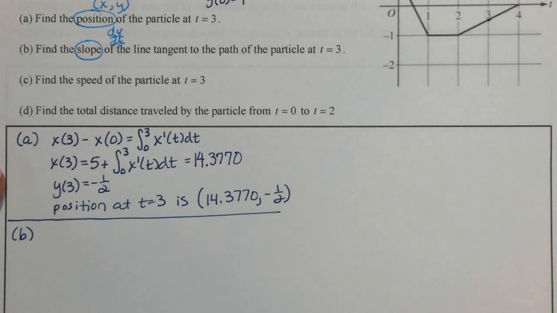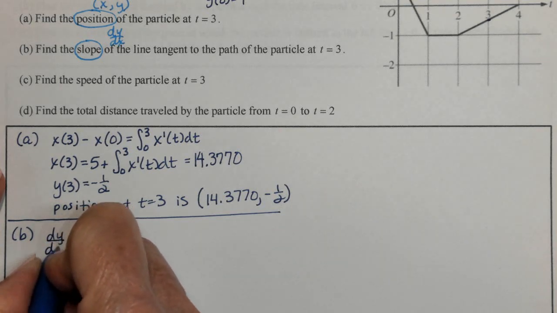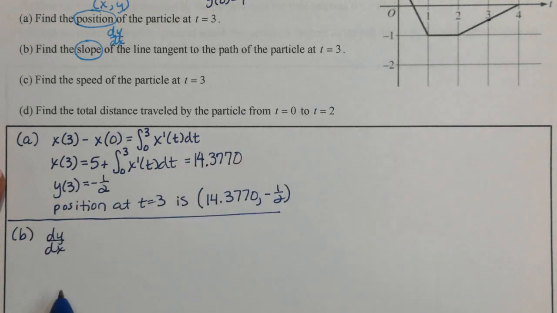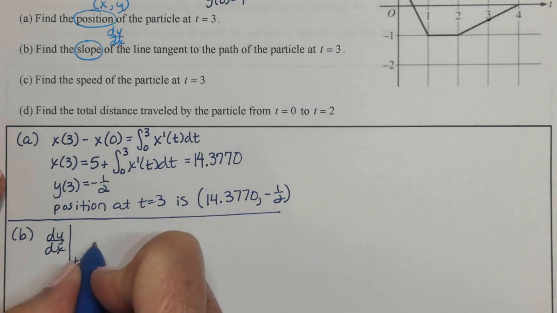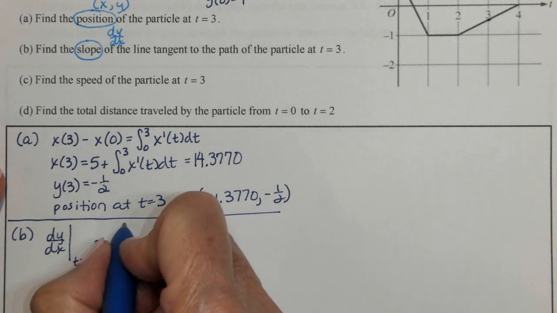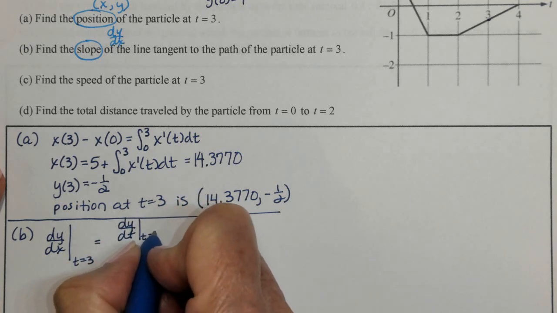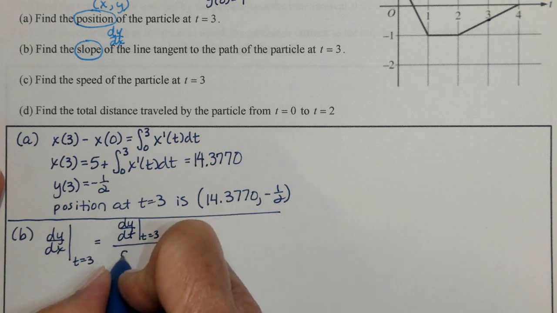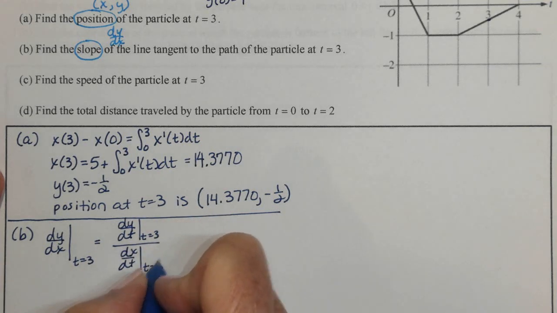Slope is dy/dx. So I want dy/dx, and I want it at time 3. I know that that is dy/dt at time 3 divided by dx/dt at time 3.